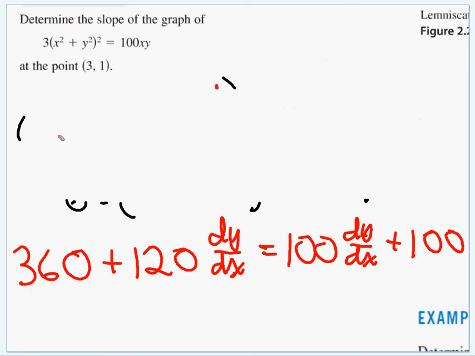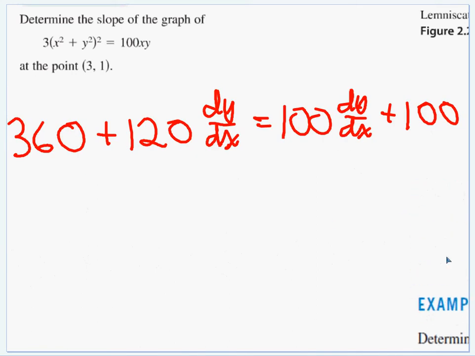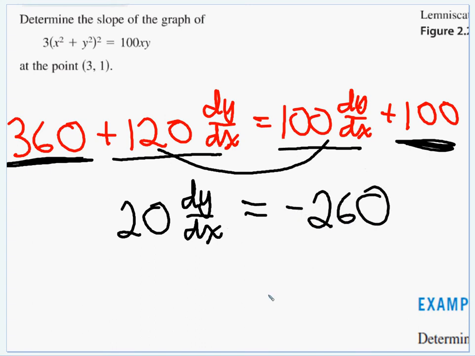We're getting close. Okay, let's get our dy dx's on the left side. So here's a 120, and on the other side is 100, so we're going to bring it over and subtract. 120 minus 100, we now have 20 dy dx's. And that's equal to, over on this side we had 100, and then we're going to bring this over and subtract. So that'll be 100 minus 360, negative 260.